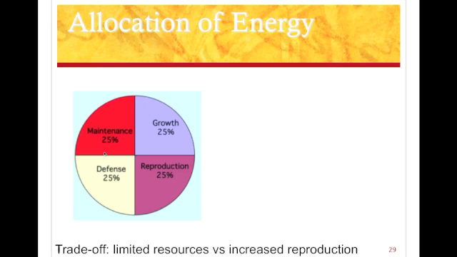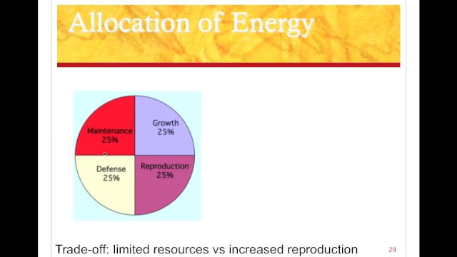But maybe, just maybe, it's not necessary to put so much energy into defense because you happen to live in an area where defense is not as necessary. Maybe maintaining yourself is a little bit easier because you are living in your food source, for example. So allocating 25% to maintenance is not necessary.